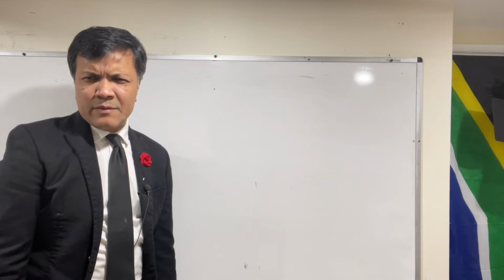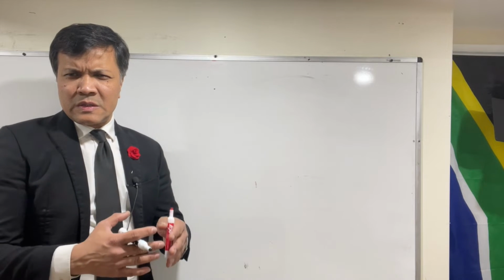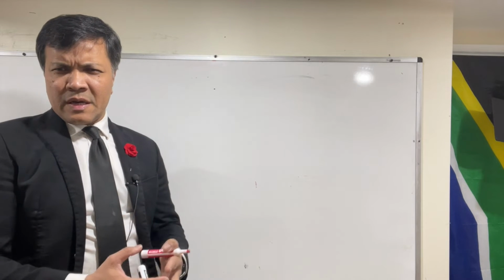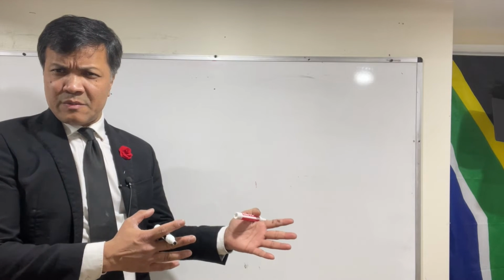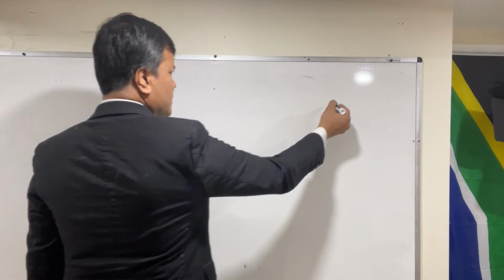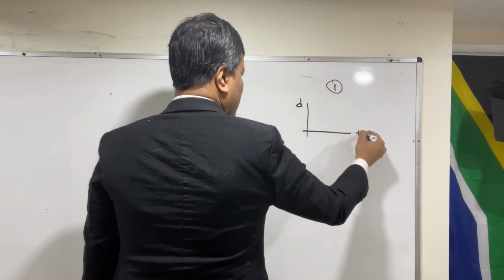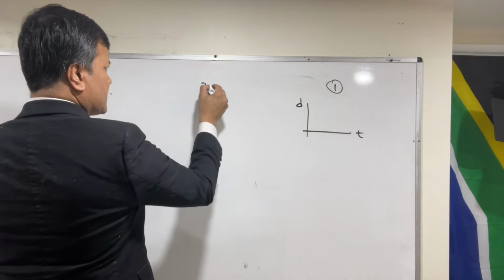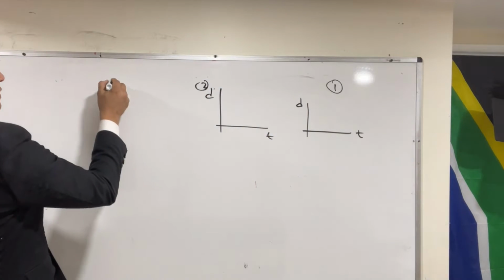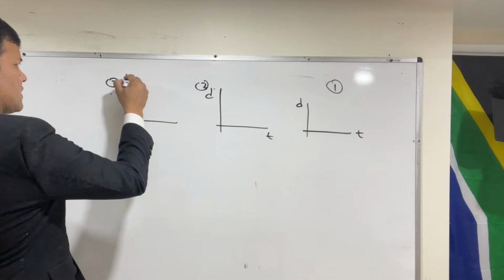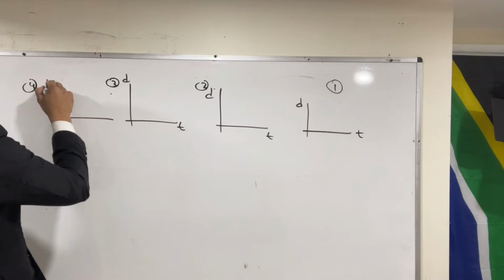Number 9, I gave you some pairs of graphs and I asked you to find the pair of graphs that represent the same motion. So I gave you 4 options. Number 1, I gave you a DT graph. Number 2, I also gave you a DT graph. Number 3, I also gave you a DT graph. Number 4, I also gave you a DT graph.